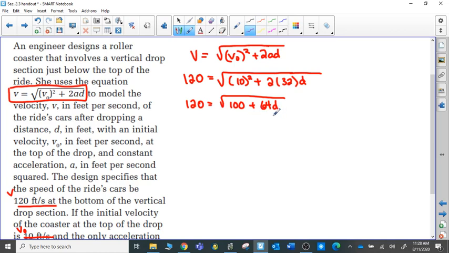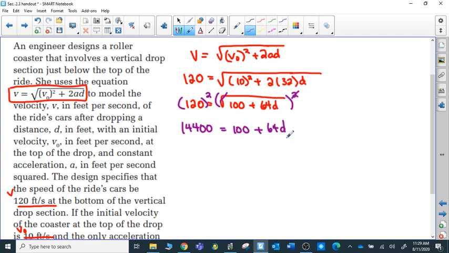That's good to go. Second step, we are squaring both sides. Square this side, squaring this side. 120 squared is going to be 14,400. Squaring the square root is going to leave us just that 100 plus 64d.